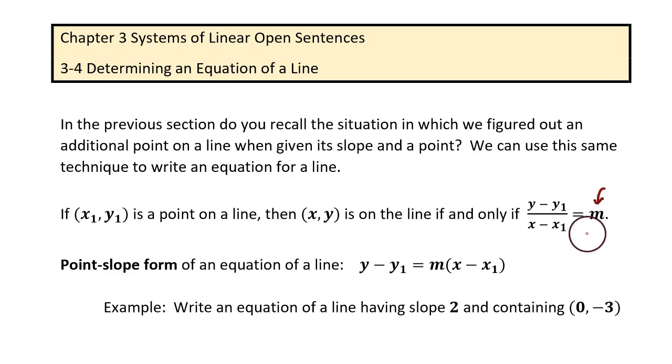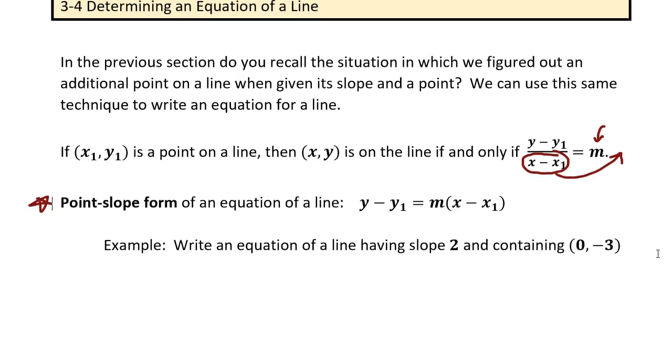We can take this equation and multiply to cause it to move to the other side next to the m to create point-slope form. So point-slope form of an equation looks like this: y minus y1 equals m times x minus x1. With point-slope form, we can create equations for lines if we know a point on the line and its slope.